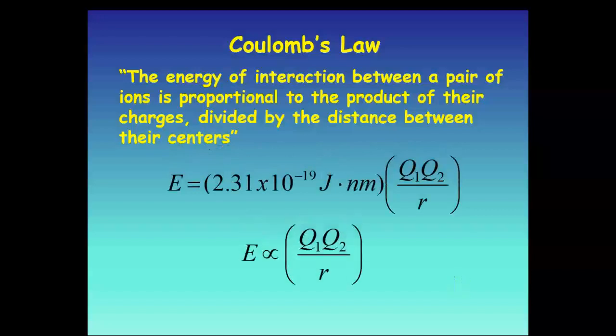It means that the energy is proportional to the product of the two charges, the numeric value of the charges, divided by the radius, or divided by the distance. Now, this looks a little different from what you're used to, because we're used to measuring force, which is proportional to the charges divided by r squared.